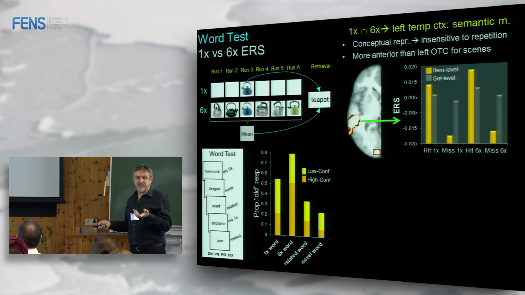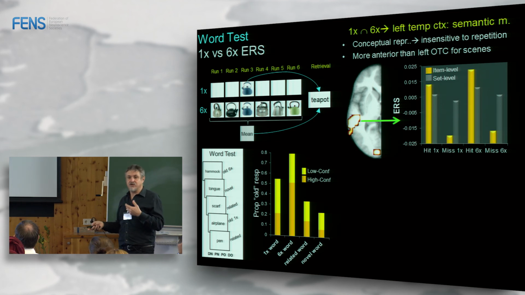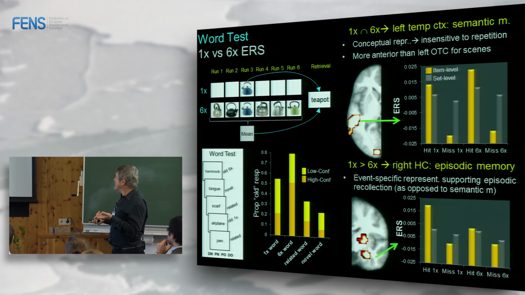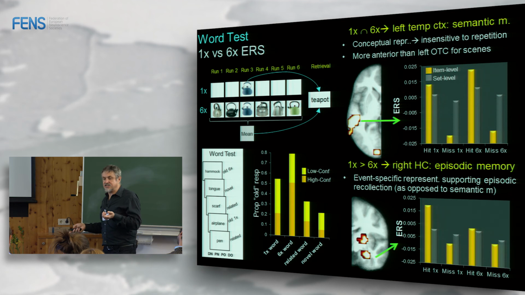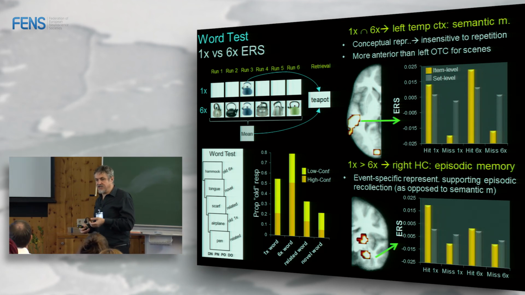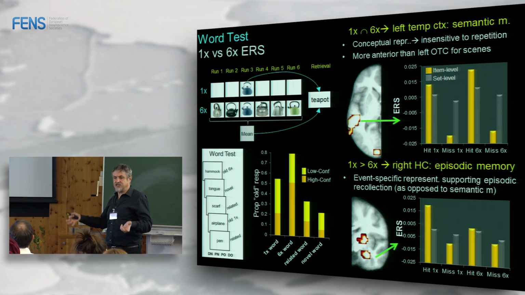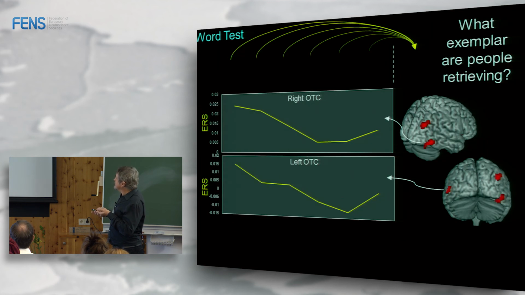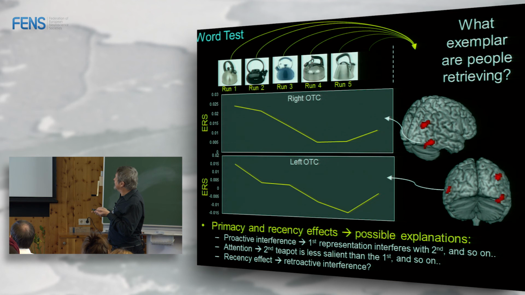So in this region similarity is driving memory regardless of the number of times that you saw it, whereas in the hippocampus we get greater similarity for the 1x than for the 6x, suggesting that similarity is affected by having seen more T-pods, which interferes. It suggests that you remember one particular event, and so having seen more events is disruptive in that region. I'm sorry, I hear there's a problem with the animation.